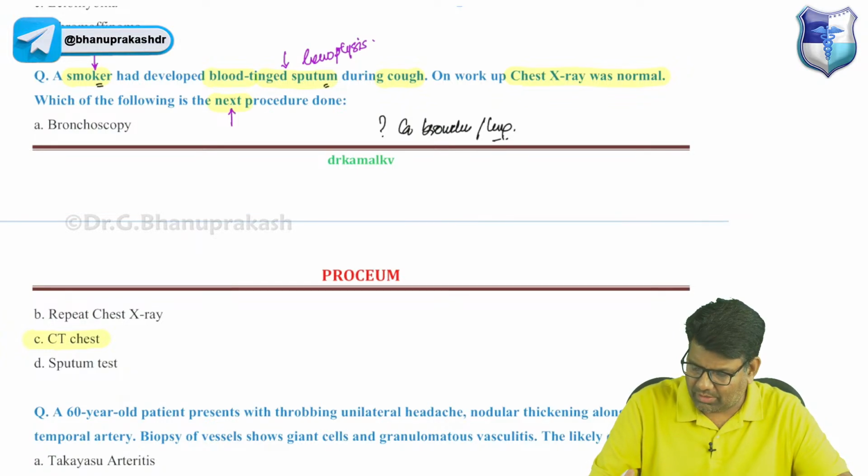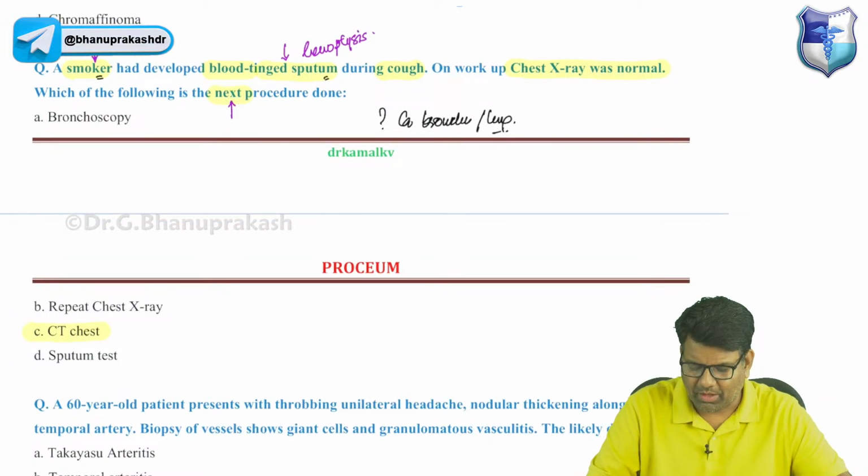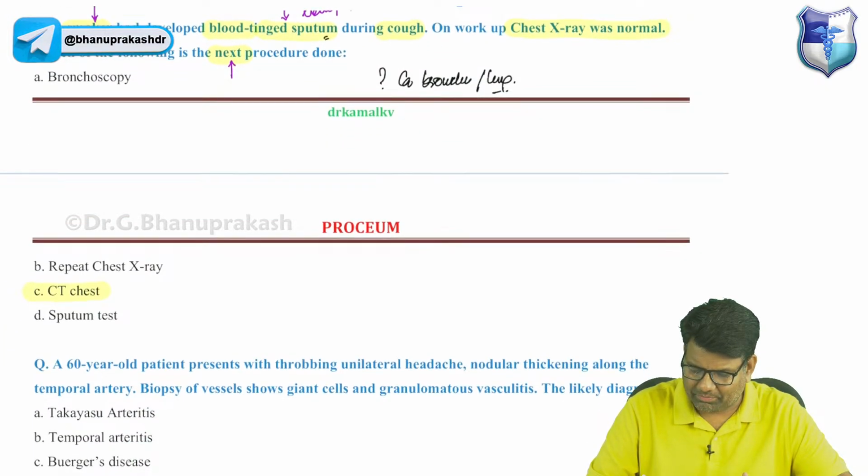So, for this particular question, considering the possibility of carcinoma, since the patient is a smoker, we can go for CT chest. CT chest seems a better answer.